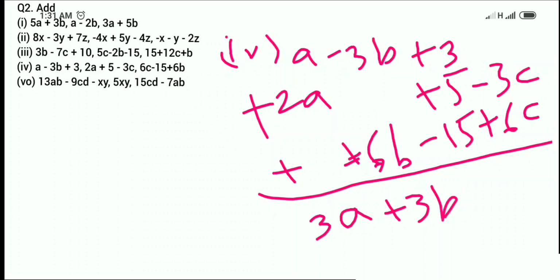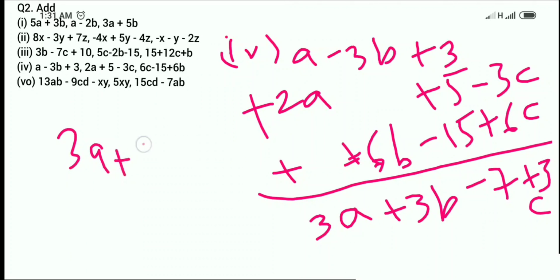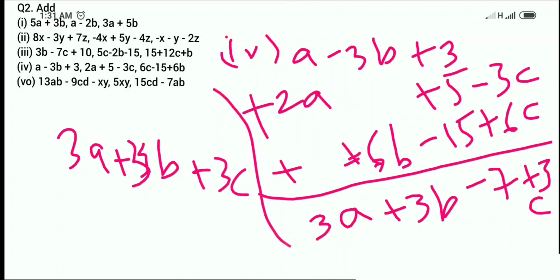Minus 10 plus 3 is equal to minus 7. 6c is plus, therefore 6c minus 3c is equal to plus 3c. 3a plus 3b plus 3c minus 7 is thus the answer.